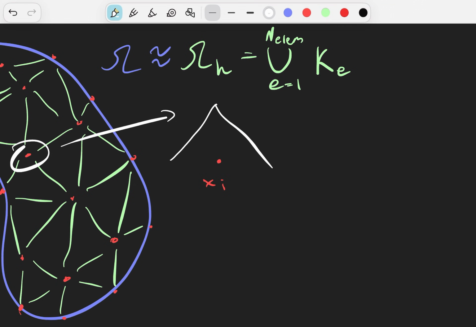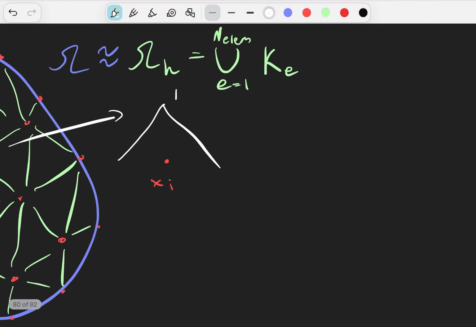We can describe a function that's going to go to 1 at the node and 0 everywhere else. And that's the tent function. So it's called a linear Lagrange basis function, and what this looks like is if you have some phi sub i at the particular node we're trying to describe, this would be equal to 1.